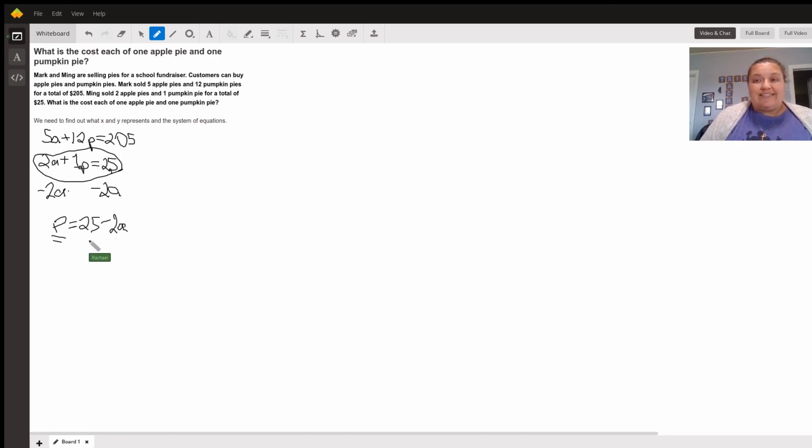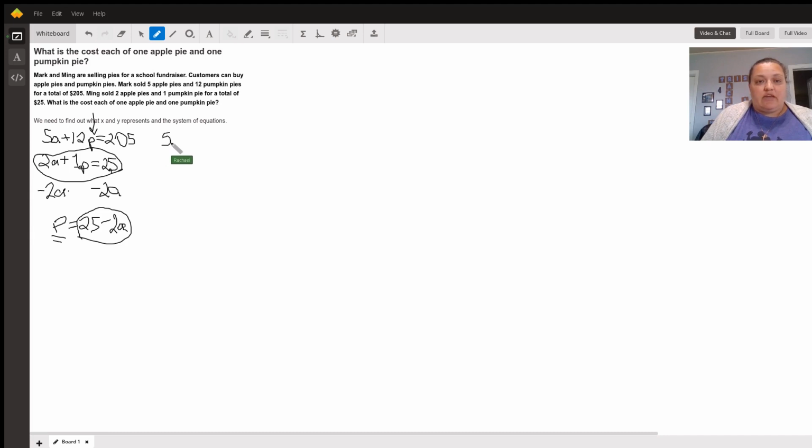So now we can take this right here, 25 minus 2A, and substitute that value for P in this other equation right here, because we're saying that P is 25 minus 2A. So we're going to use this equation at the top now.